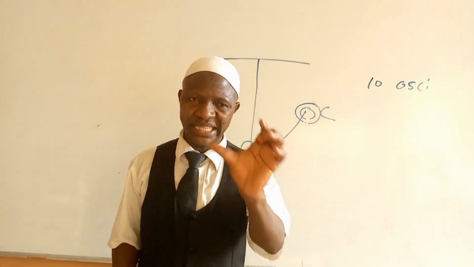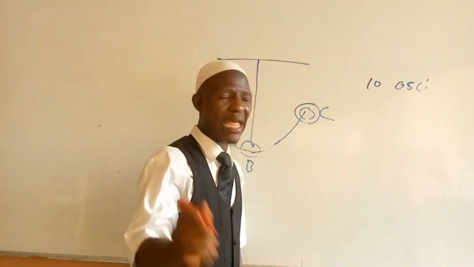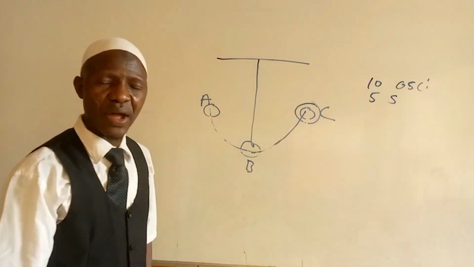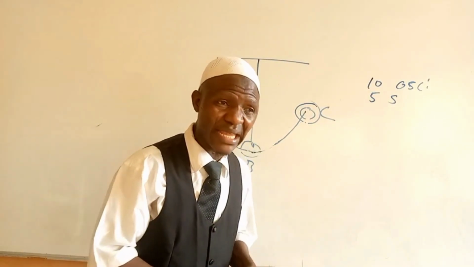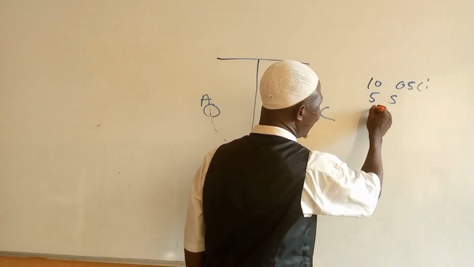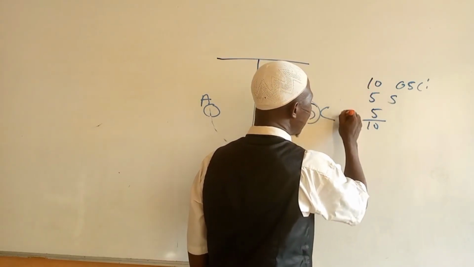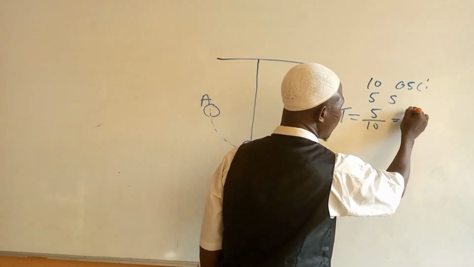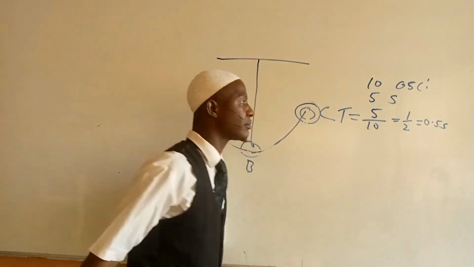Then I determine how long it takes to complete these 10 oscillations. If the time is 5 seconds, and the period is the time taken for one oscillation, I will just say 5 over the number of oscillations, 10. Therefore, my period T is equal to 5 over 10, which is equal to 1 over 2, which is equal to 0.5 seconds.